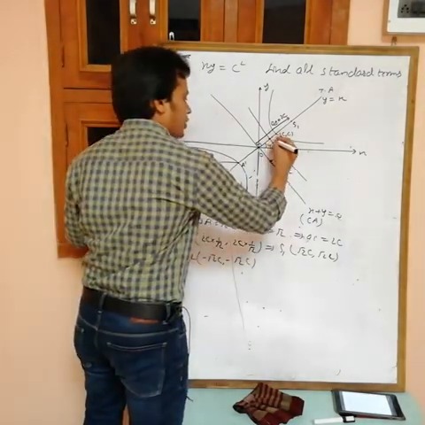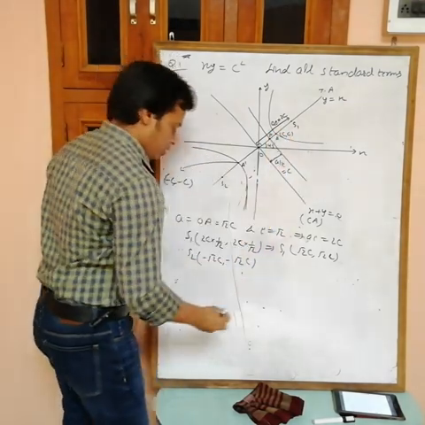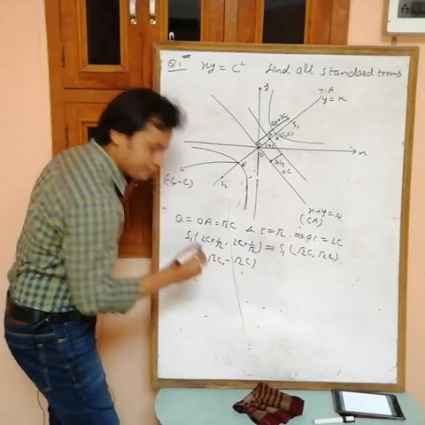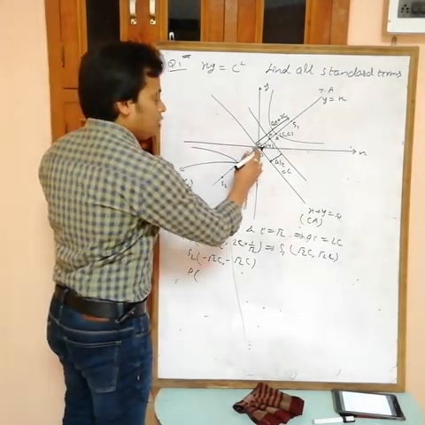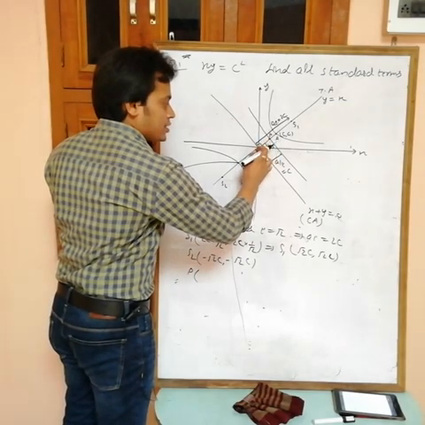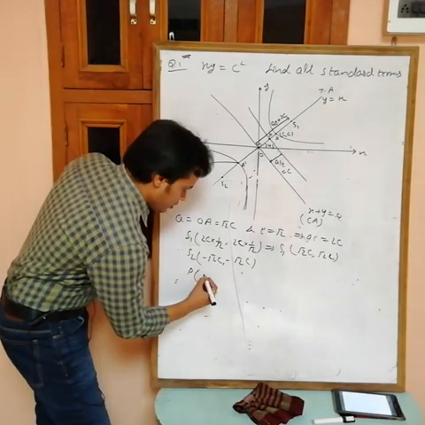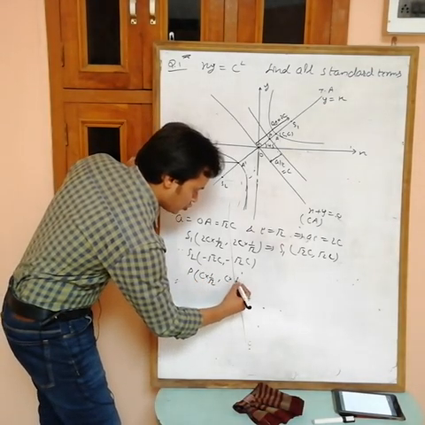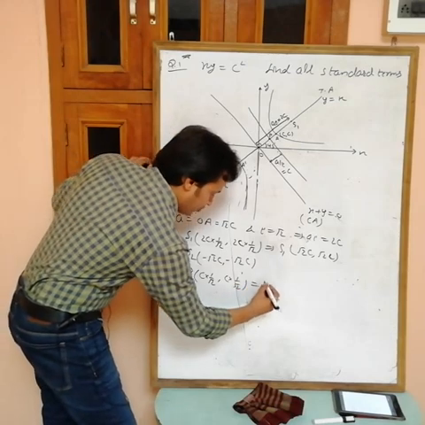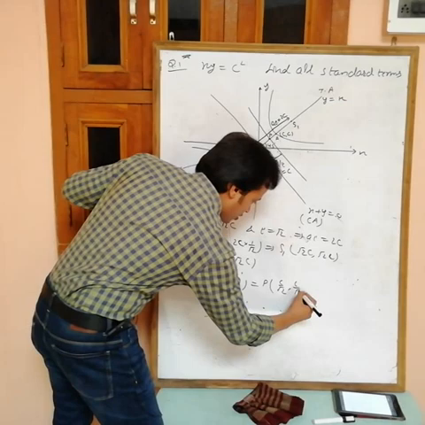Suppose this point is P, then can you find the coordinate of P? Obviously I can find. This distance is c, c cos 45 comma c sin 45. c cos 45 is 1 by root 2 and c sin 45 is 1 by root 2. So P is c by root 2 comma c by root 2.